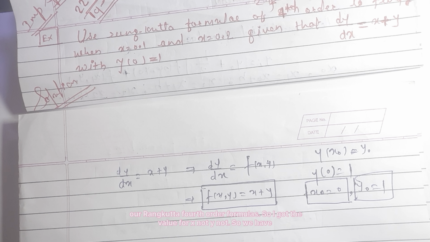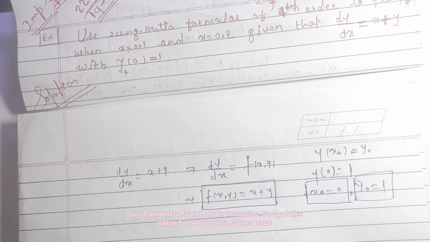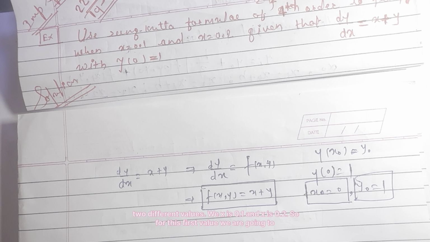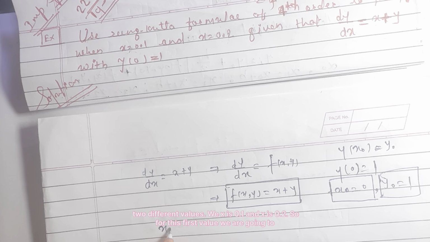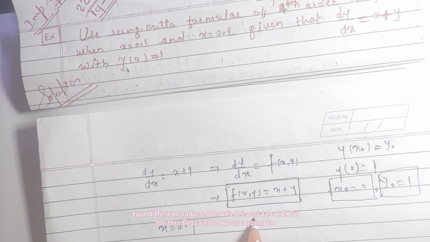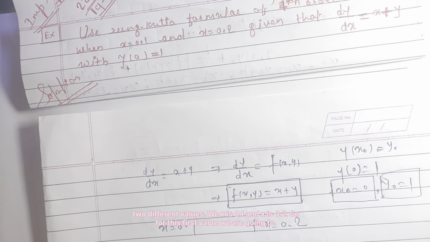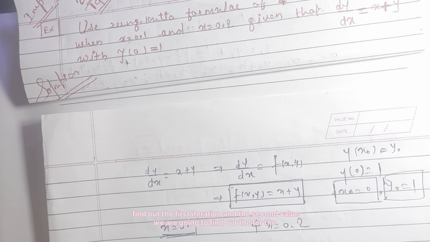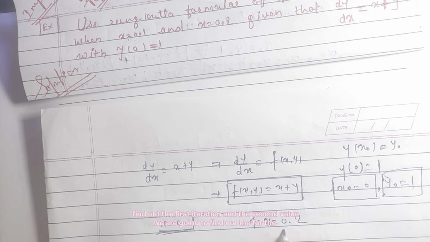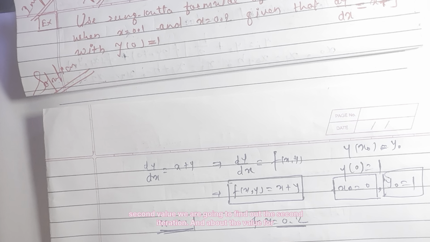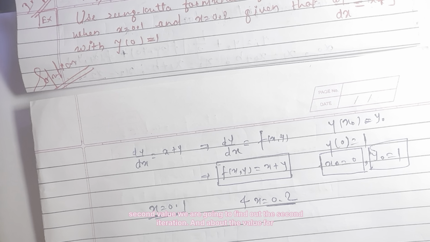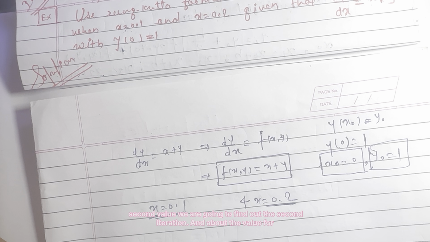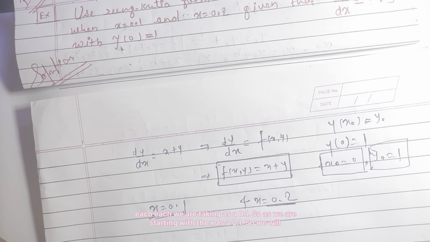We have two different values, x is 0.1 and x is 0.2. For the first value we find the first iteration, and for the second value we find the second iteration. And for the value of h we are taking 0.1.